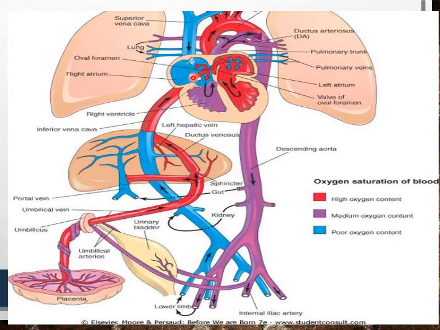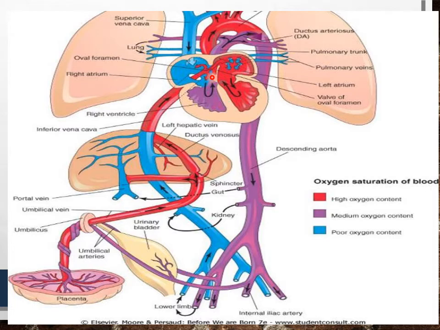Then at the superior vena cava, from where the blood is returning from the head and neck region. Also the blood from the lower extremity, you can see here, is passing through the inferior vena cava. It is going to be mixing here with the rest of the saturated blood shunted through the ductus arteriosus.